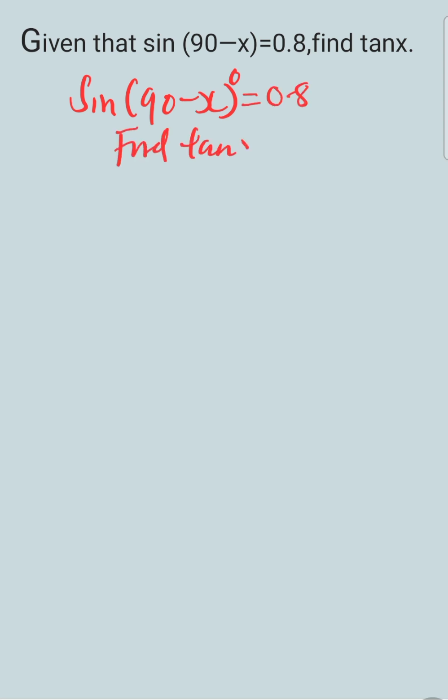Okay, let's look at a second question. We are told that x is an acute angle and sine of (90 minus x) degrees equals 0.8. We are told to find tan x degrees. First let's draw our right angle triangle.